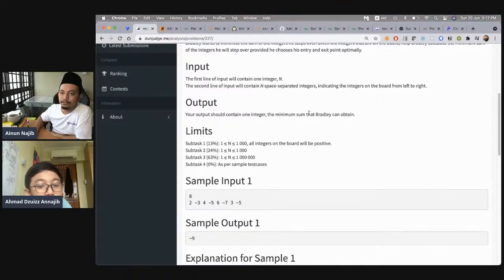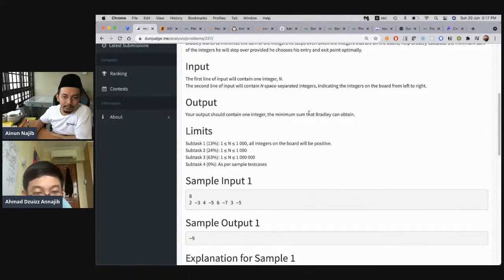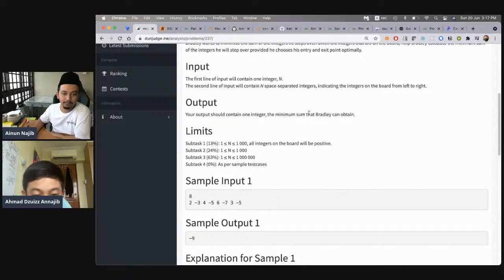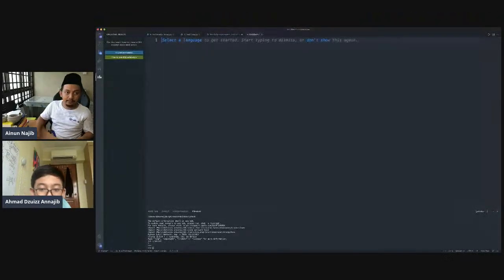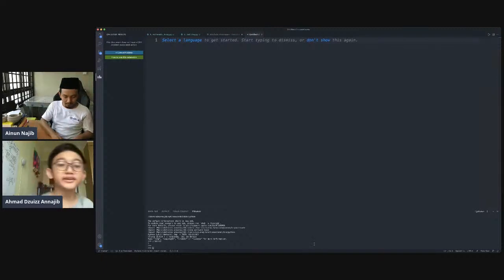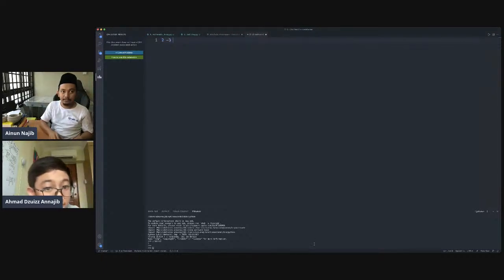Okay, how do I do this? Let me share my screen. Okay, so what are the inputs just now? 8, 2 minus 3, 4 minus 5, 6 minus 7, 3 minus 5.